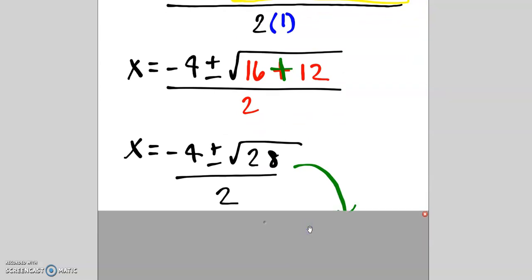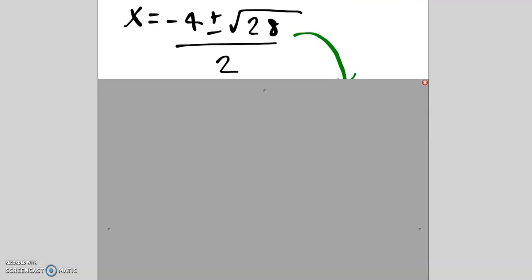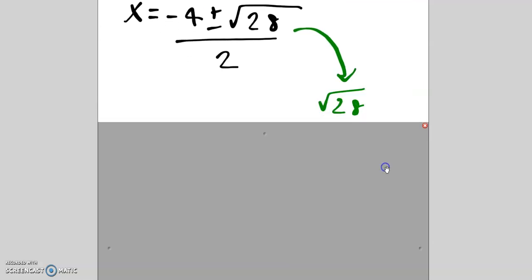Now it looks pretty simplified, but we can keep going. I have -4 plus or minus the square root of 28, over 2. Luckily, back in the beginning of this chapter, we learned how to simplify square roots. I need to break square root of 28 down into two factors where one is a perfect square.